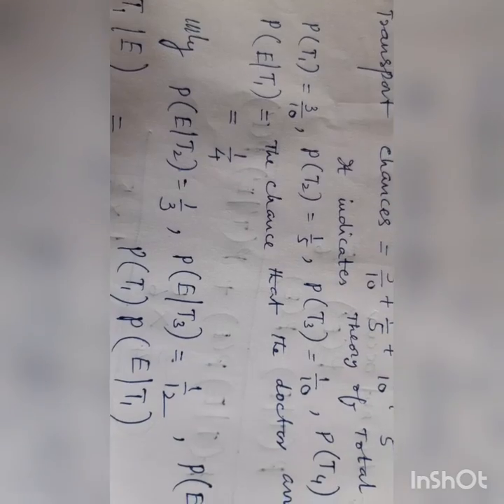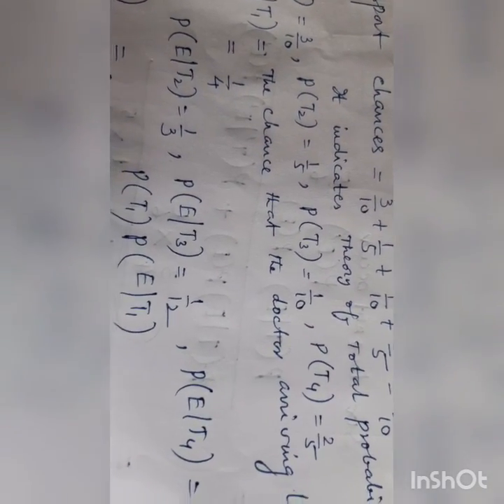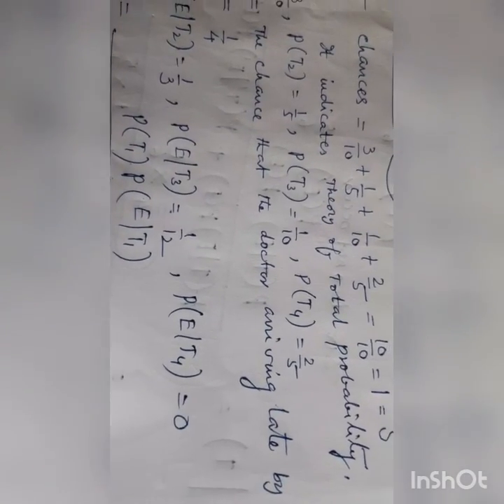P of E on T2 is 1 by 3. P of E on T3 is 1 by 12. P of E on T4, other means of transport, late coming probability 0. That's all.